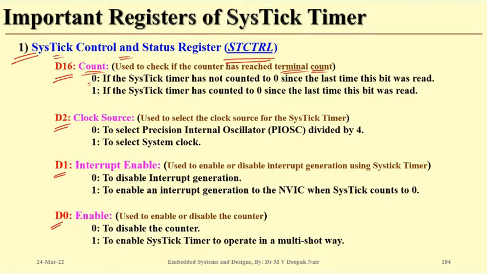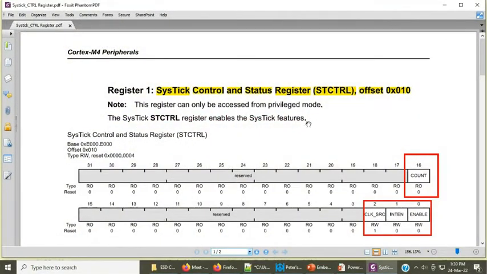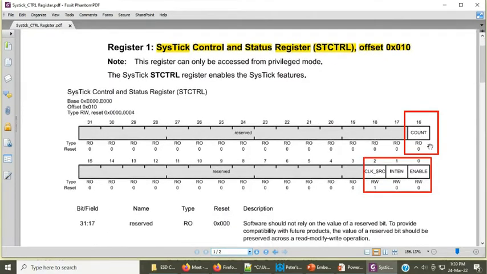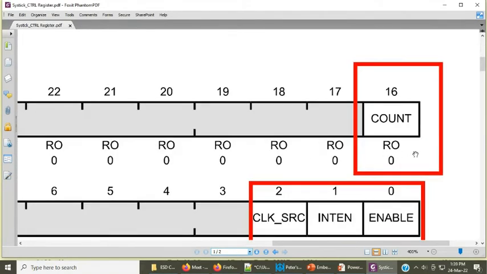Let me go to the register and show you that. So you go to the SysTick control register. There are 4 bits which are allowed to be read or written. But here you can see bit 16 is RO. Sorry, RO means bit 16 is RO.